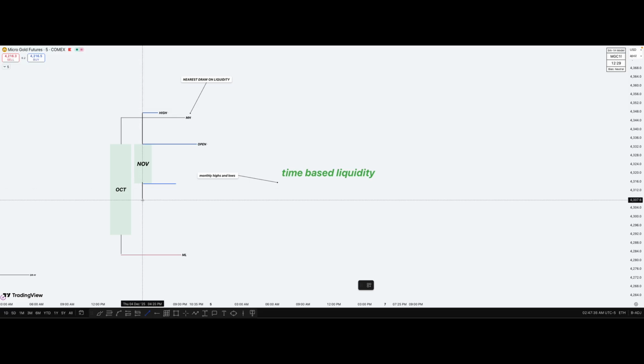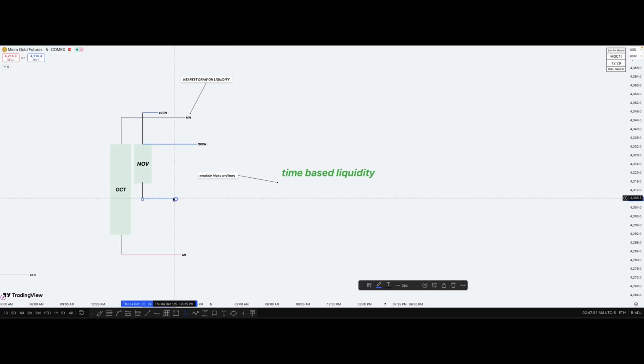Right. So now, if you take a good look at certain things, what do you think can happen next? What is the next objective? The next objective is we have another monthly low here, right? This is another monthly low.